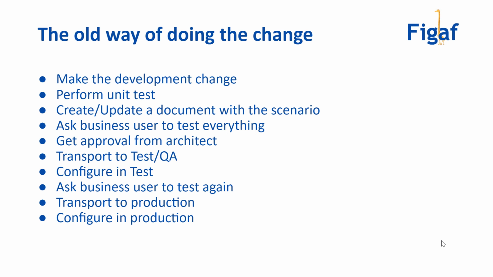You had to configure this in test. You had to get the business user to test again, and then you had to transport and monitor it and configure it in production. This is really a long process, and meant that it could take days to do small modifications.